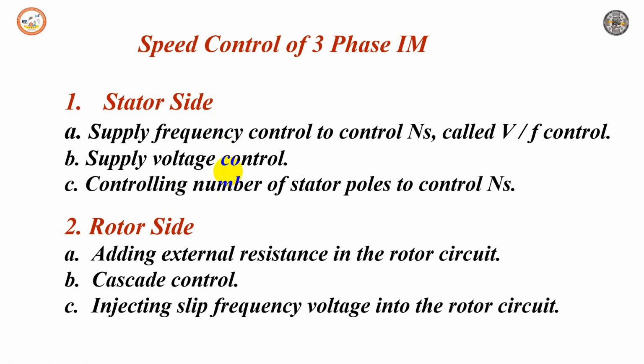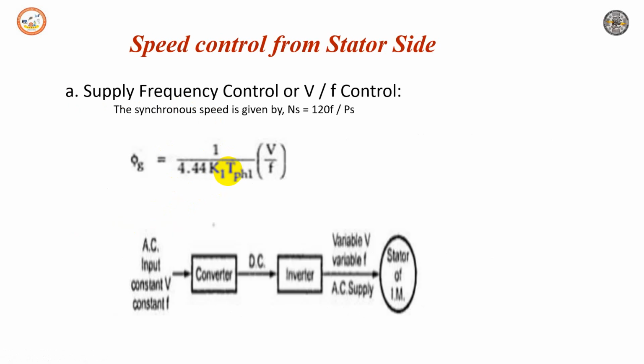Coming to the stator side, speed control of a three-phase induction motor, we have supply frequency control, or V by F control. As you know, the synchronous speed is given by Ns = 120 F / P, so F can vary the speed Ns. In that case, if you vary F, very important, the air gap flux present in the motor will also be adversely affected.